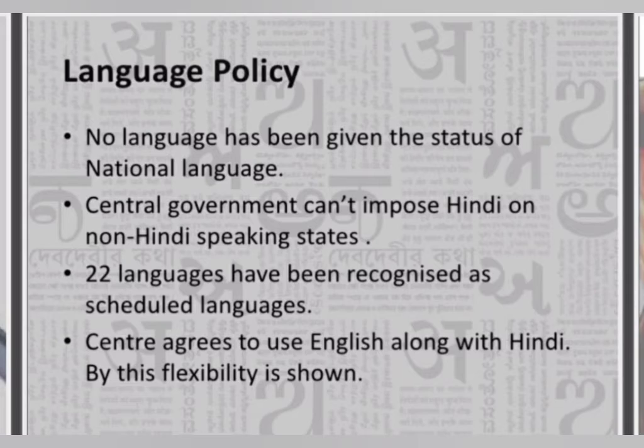Similarly, other states. And English continues to be used as a language of interaction and communication because it is a global language. Clear? And it remains an official language also in some states. In the southern states, English is very commonly used.